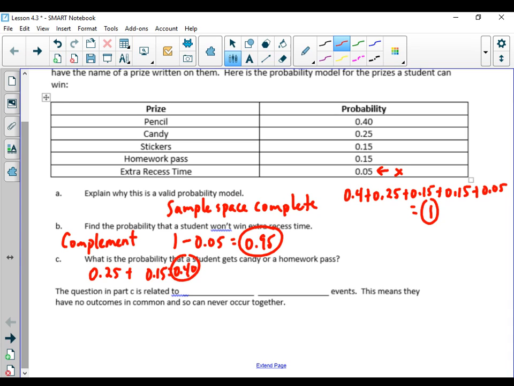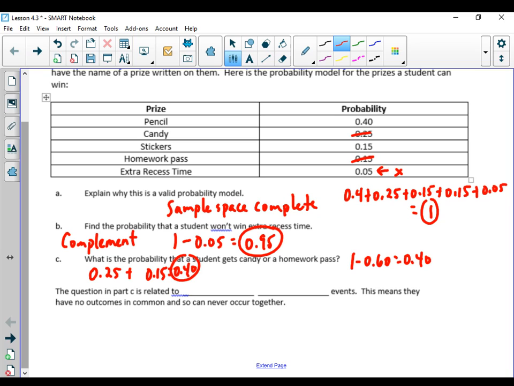And so I find out the probability is 0.40. Or maybe another way you think about it is, okay, the candy was this one, the homework pass was this one, let's add up the rest of them. And if you add up the rest of them, I get 0.6. Well, if I took 0.6 away from 1, I'd get 0.40.